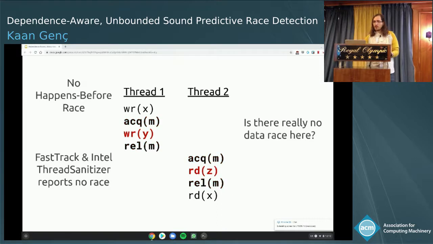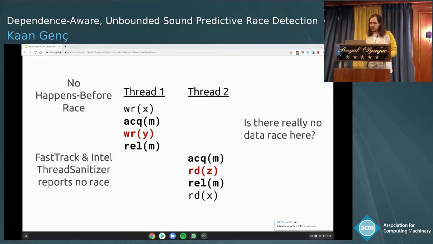However, if you look at what's inside these critical sections, one of them is accessing variable Y, while the other is accessing some other variable Z. So these threads are not even accessing the same variables inside these critical sections. They're not really doing any kind of synchronization. They just happen to hold the same lock.